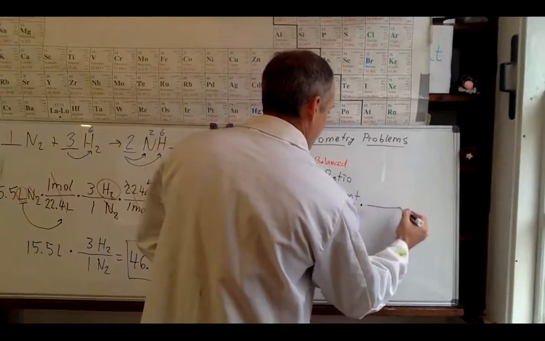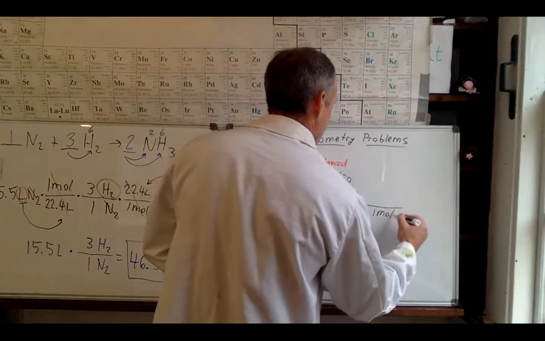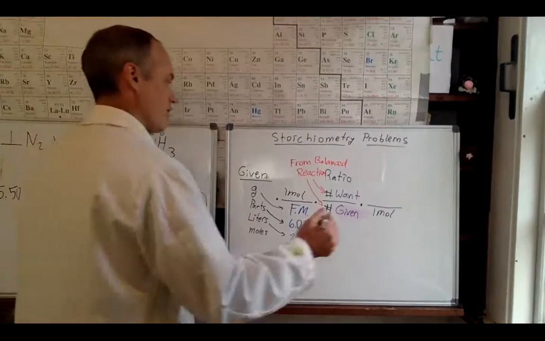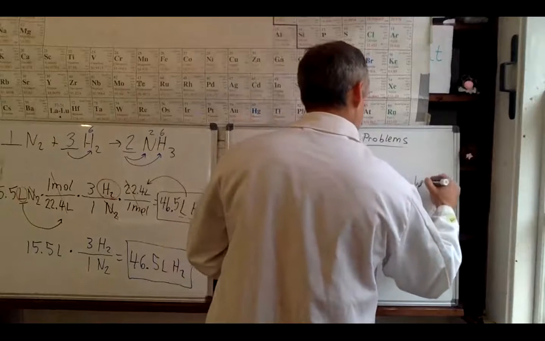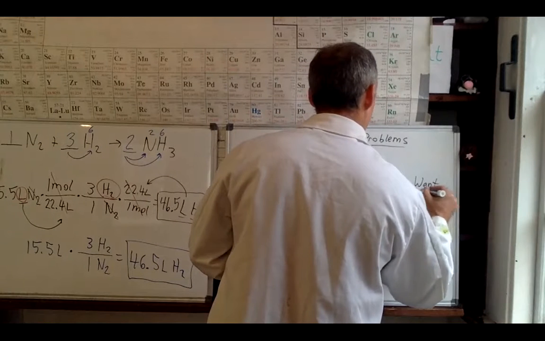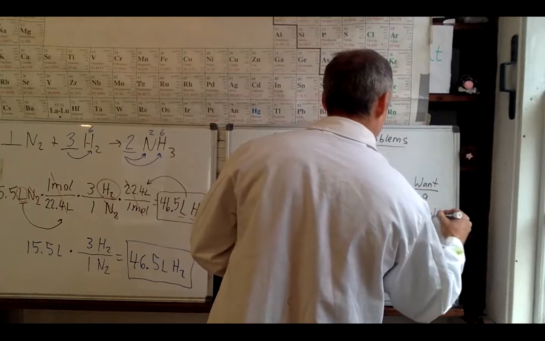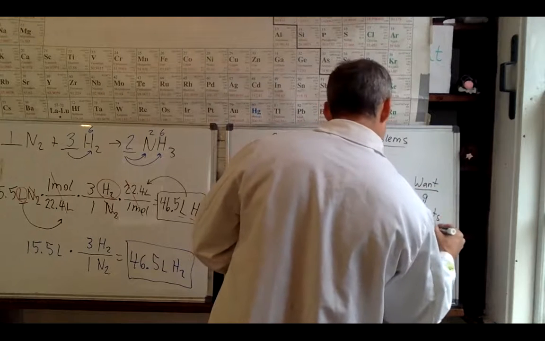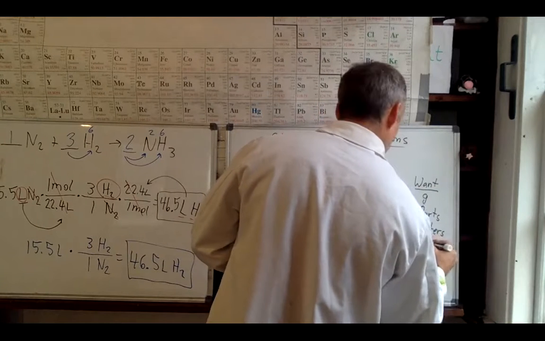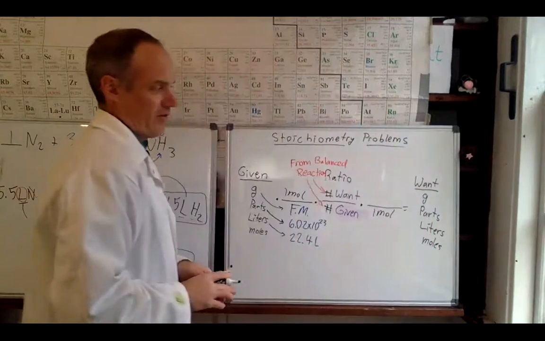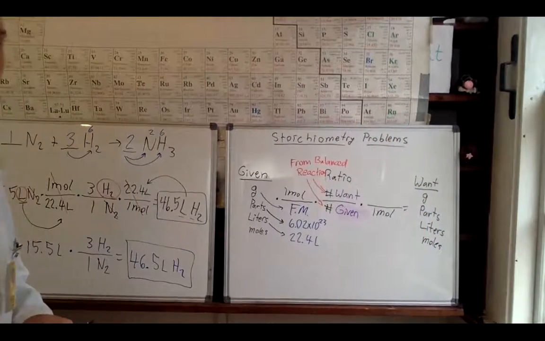Your last step has 1 mole on the bottom. And then this is what you want over here. And you're going to want that in grams, parts, liters, or you may just need the answer in moles again, okay?